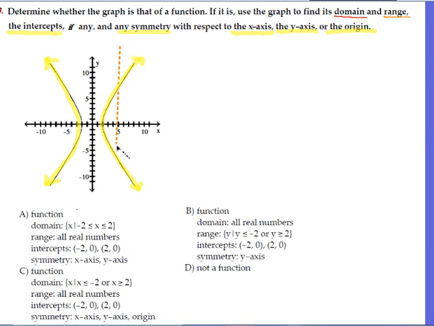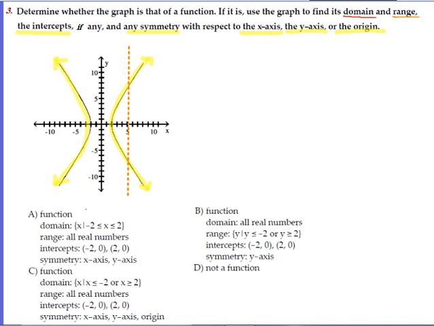Now we would notice that if we are going to draw a vertical line across the graph on the right, then we are certain that this vertical line here will somehow cross the graph at two different points.